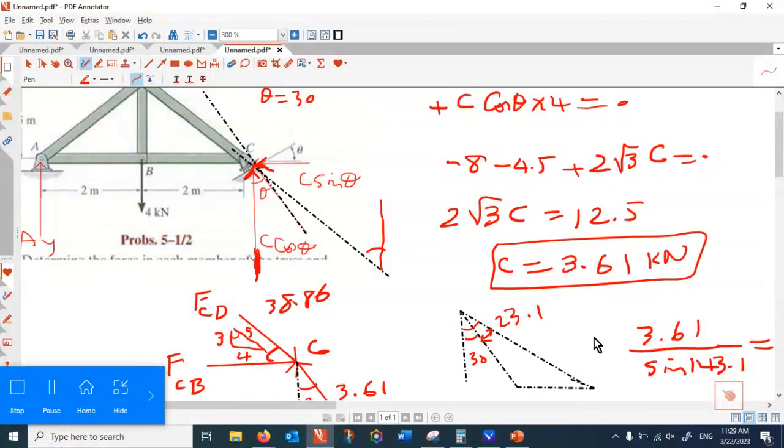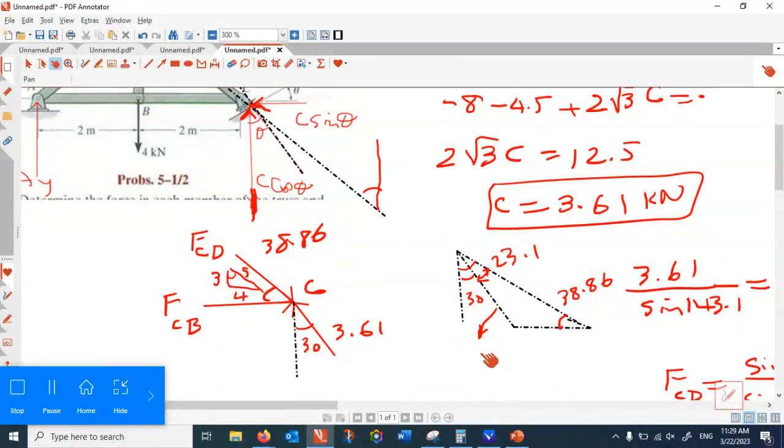And this angle is 38.86. But I know the magnitude of this one. The magnitude of this one is how much? 3.61.